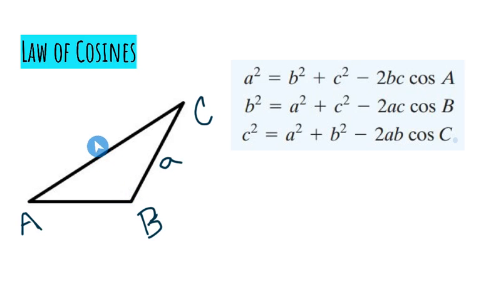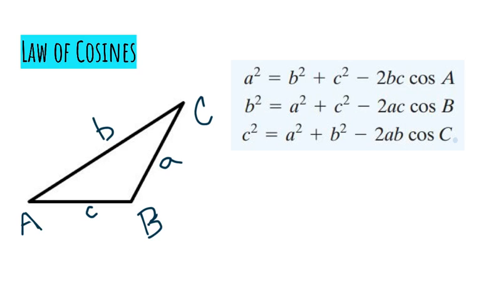So this side over here is going to be my side B. And the same thing with C. If this is angle C, where is side C going to be? That opposite side. So that's my C, right?